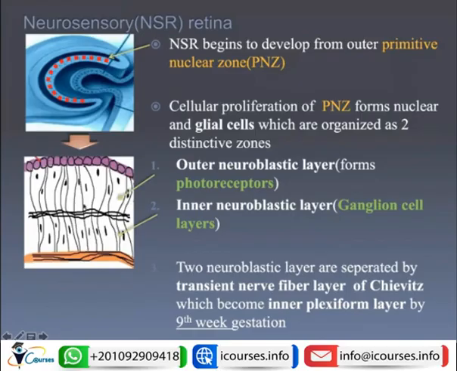The outer zone will form the photoreceptors, while the inner neuroplastic layer will form the ganglion cell layer, separating both of them a transient layer that's called the transient nerve fiber layer of Chievitz that will later on differentiate into the inner plexiform layer.